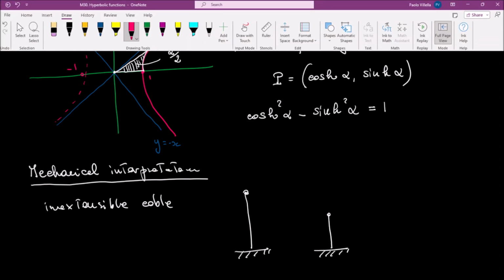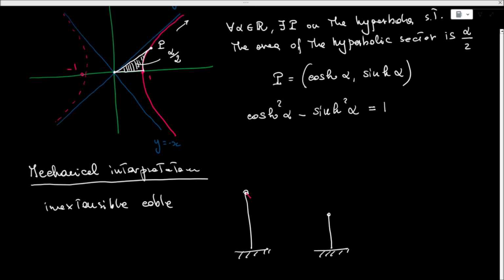what happens is that the shape that this cable takes is exactly that of a hyperbolic cosine. So this will be a hyperbolic cosine of x. It is not a parabolic shape, but it is a hyperbolic cosine of x.